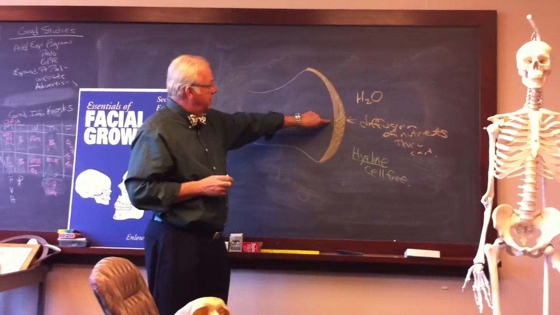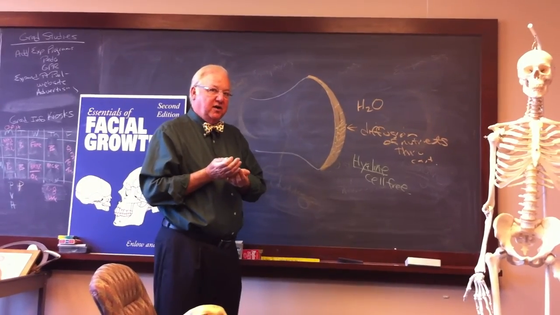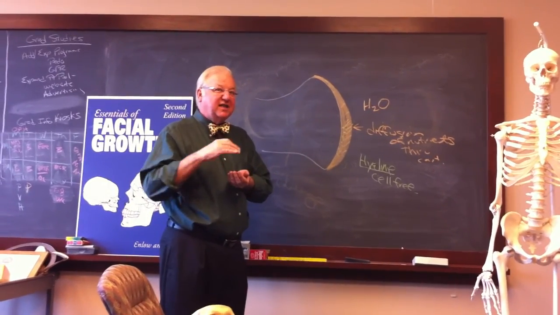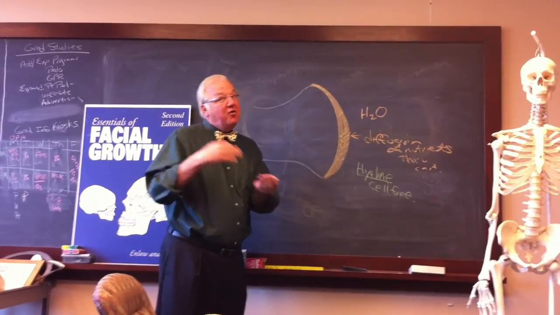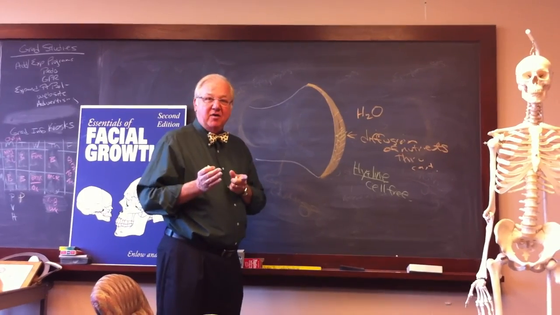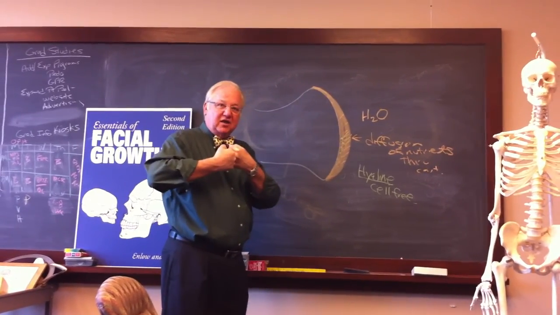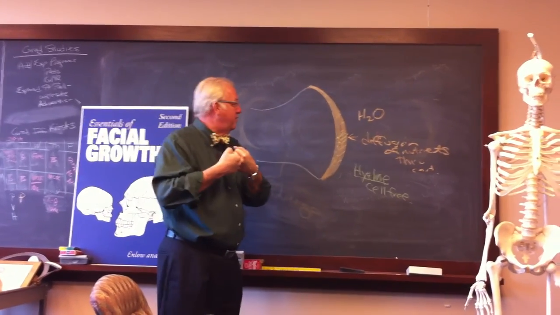So cartilage can exist, first of all, without any soft tissue covering. So cartilage can exist without a perichondrium. It could exist with the perichondrium or without a perichondrium. In the articular cartilage, it doesn't have a perichondrium because the pressure of the articulation would just squeeze out the capillaries. We'd have the same situation we have in bone.